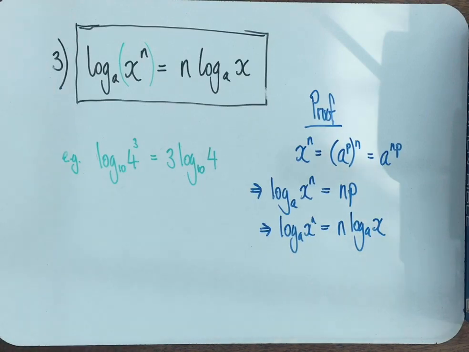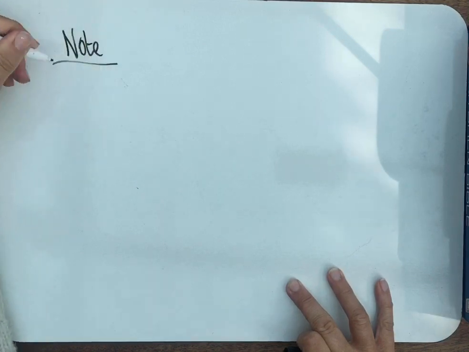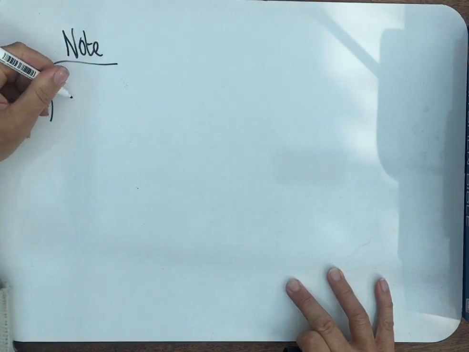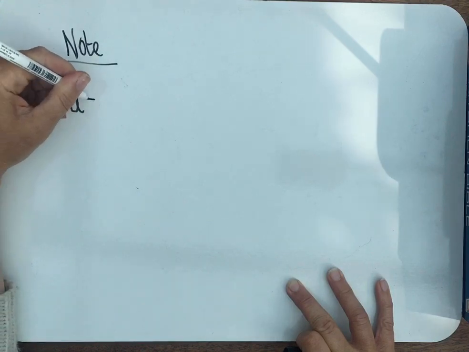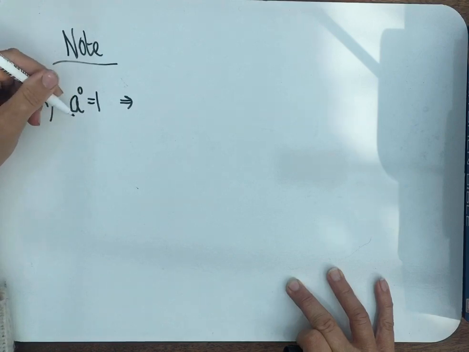So we've got these 3 laws, along with the one we did on the last video. And then just a couple of little notes, or 3 notes really. So the first one is that a to the power 0 is 1, which you should know.